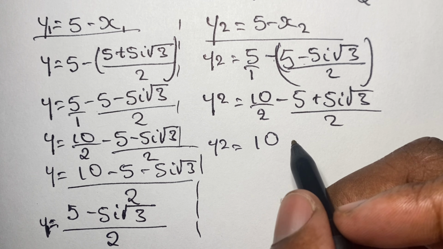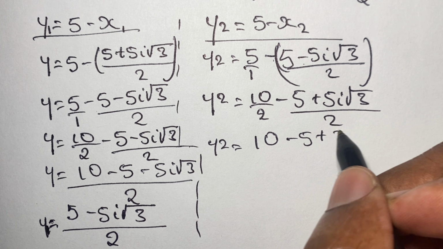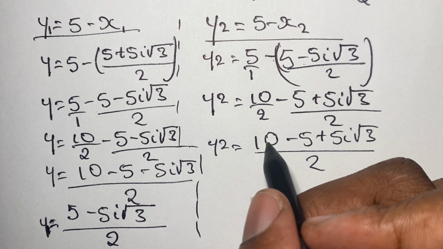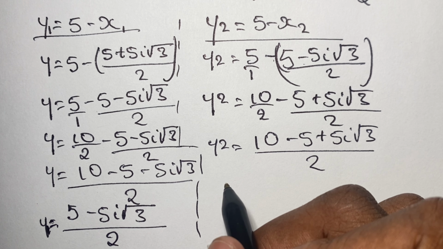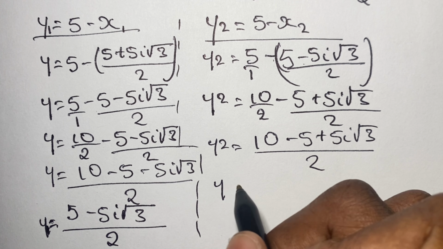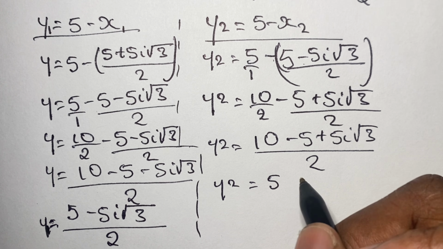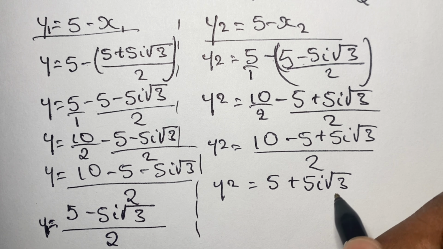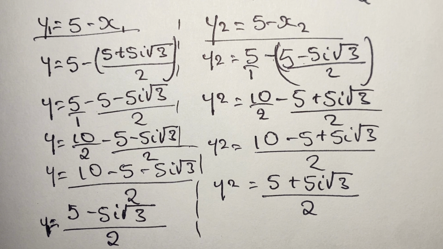So then from here we have 10 minus 5 plus 5i times the square root of 3, and we have all of this over 2. Now therefore our second solution of y is that y is equal to 5 plus 5 times i times the square root of 3 all over 2.